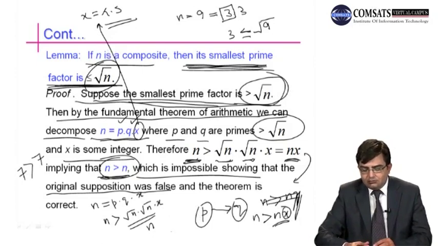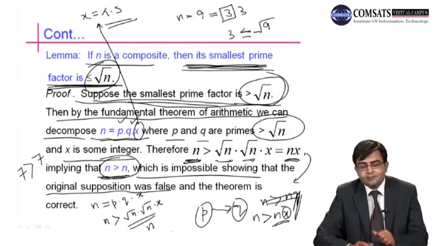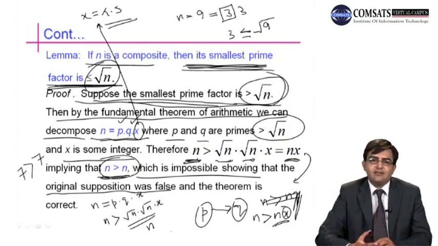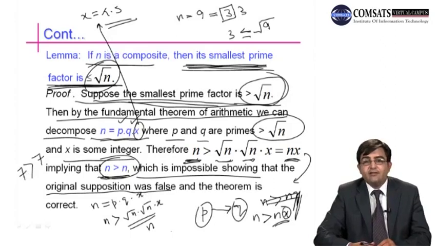So this is basically called the method of contradiction to prove a statement. I once again repeat that in this method we suppose that what we have to prove is wrong, it is false, and by using some basic definitions of mathematics and basic results, we arrive at some result or some situation which is impossible.